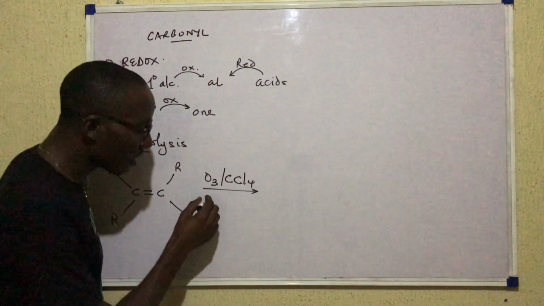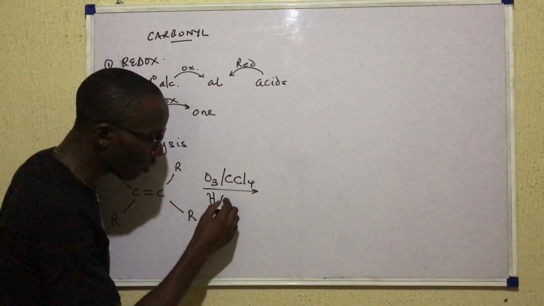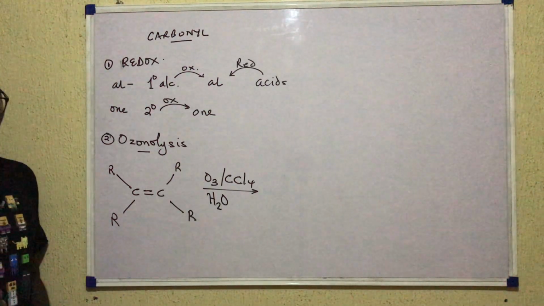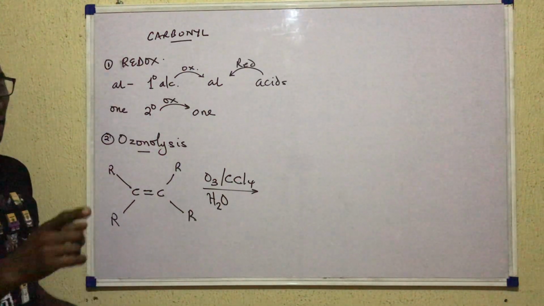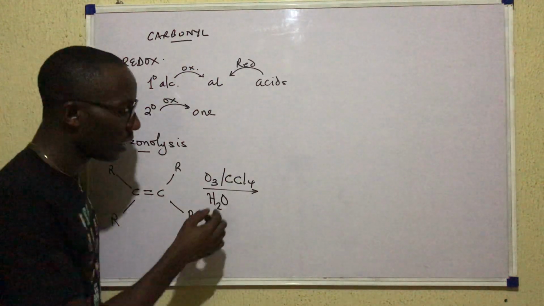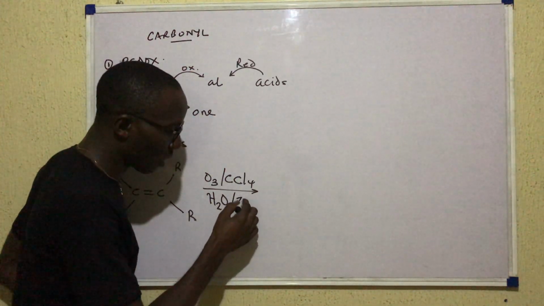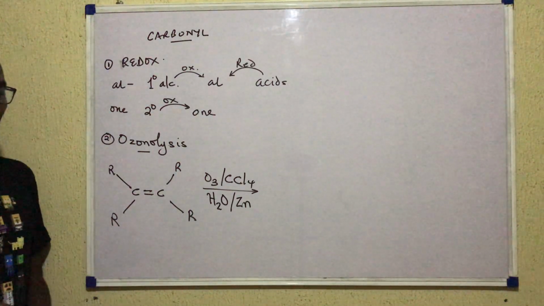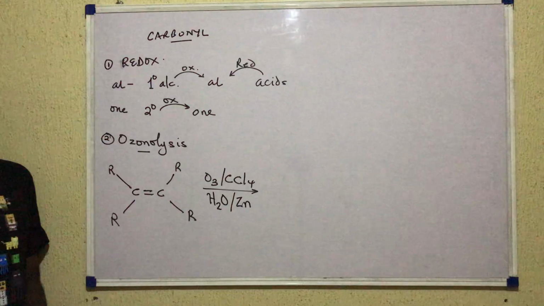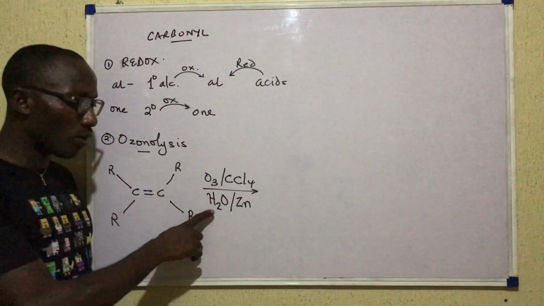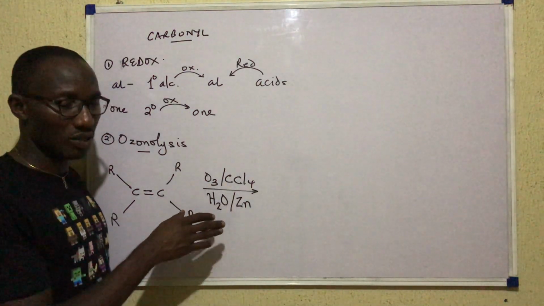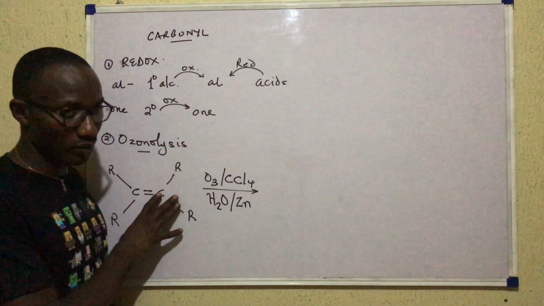Now, in the presence of water, that ozonide breaks down in what we call a workup. But for the purpose of making carbonyl compounds, we will choose the type of workup we call reductive workup, which is workup that involves the presence of zinc. So it means that water or ethanoic acid, any of them can be used as an oxygen acceptor for this reaction.